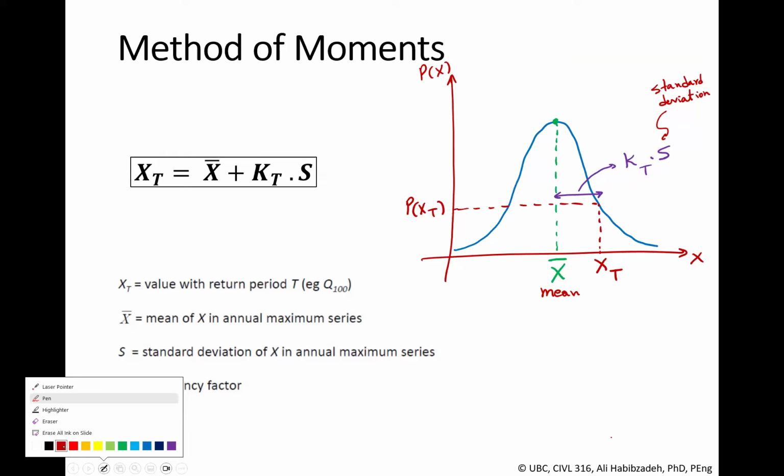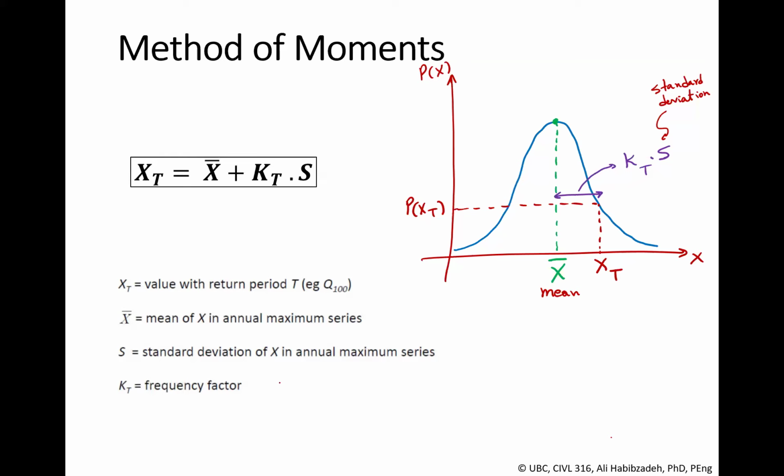Obviously, it should be clear that KT, for us, depends on T, the return period. So let's go back and replace x with Q and say, okay, what is Q100, Q200, Q10, whatever. T is our return period. So depending on the return period, that KT will be different.